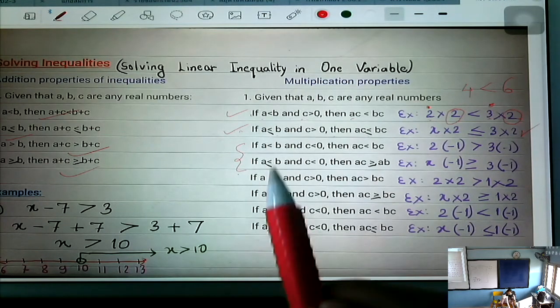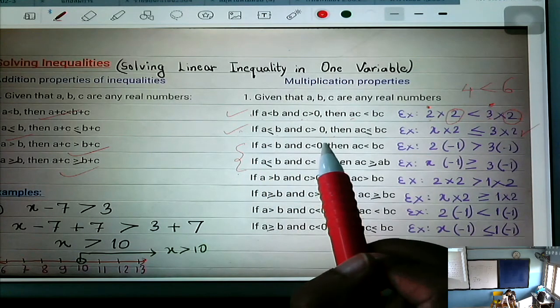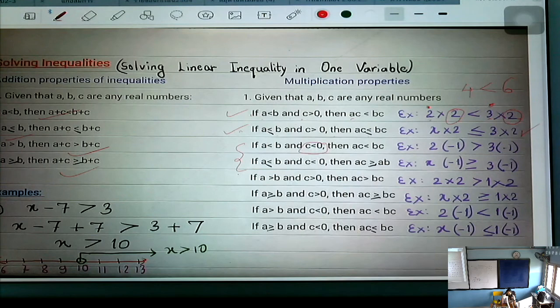First and second are the same. Now, be careful with these two. If A is less than B and C is less than 0, now C less than 0 means C is a negative number. You know negative numbers? Minus 1, minus 2, minus 3.